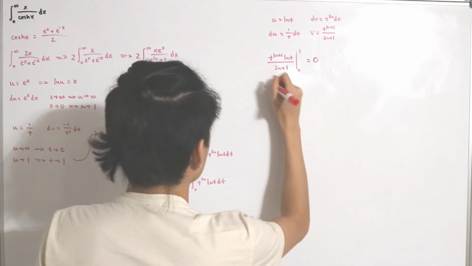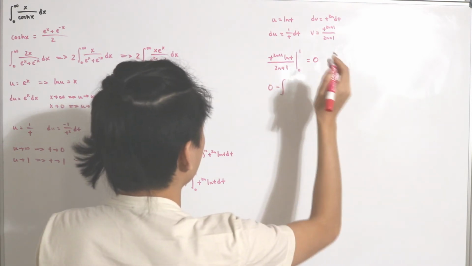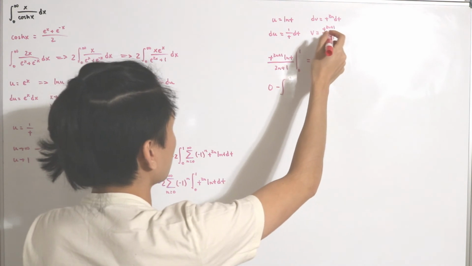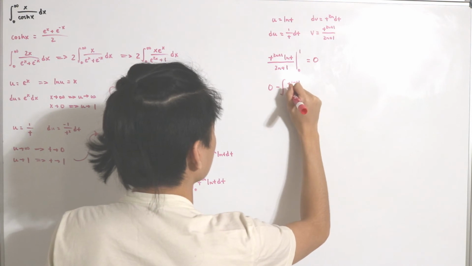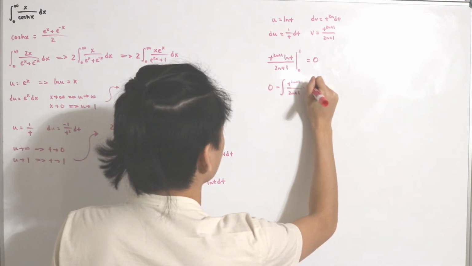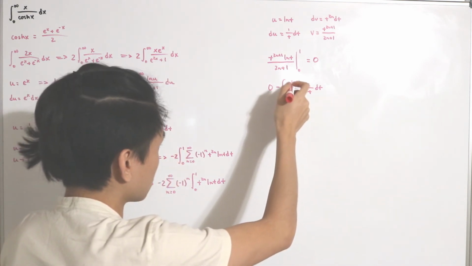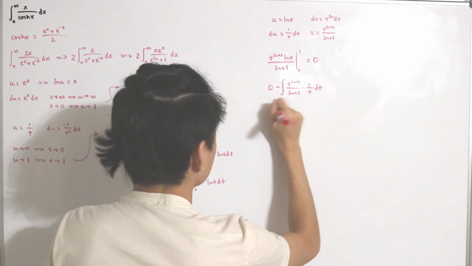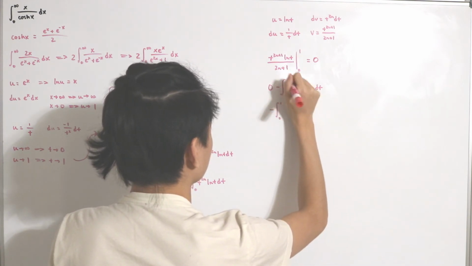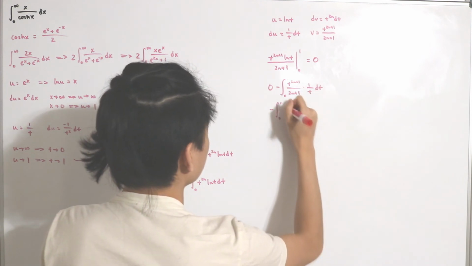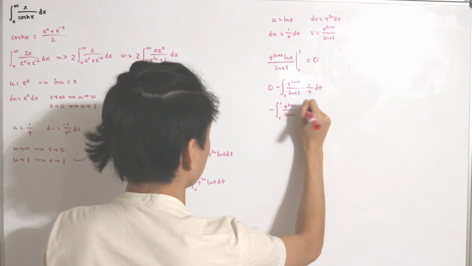Okay, so far, now we have 0 minus the integral of v times du, so we have t to the 2n plus 1 divided by 2n plus 1, multiplied by 1 over t dt. We can cancel since they share the same base of t, so this is negative, the integral from 0 to 1 of t to the 2n divided by 2n plus 1 dt.